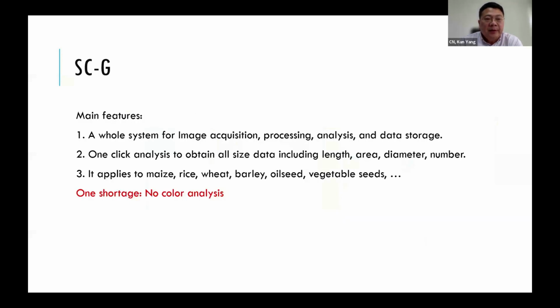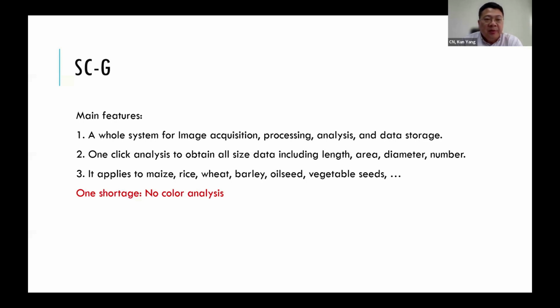And SCG, this is a new software. Actually, it also includes hardware, and the advantage is one-click analysis. With one click, you can get all the seed data, including length, area, diameter, and the numbers.